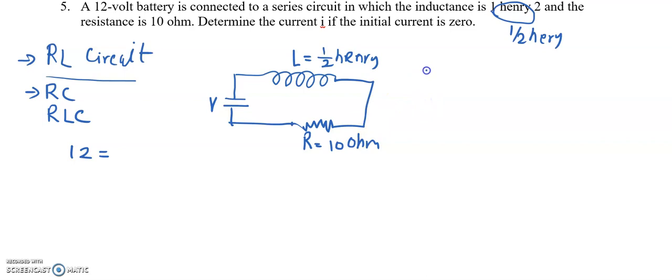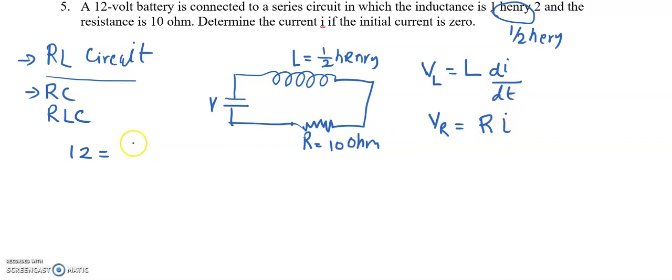The voltage drop across inductance is represented by VL, and its formula is the value of the inductance multiplied by di over dt, the rate of change of current, and the voltage drop across the resistor is simply the resistance times the current at that time.